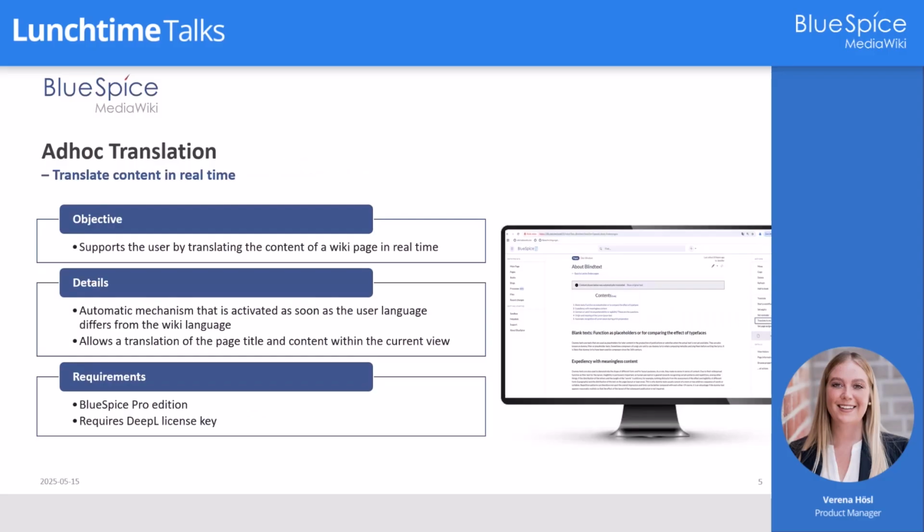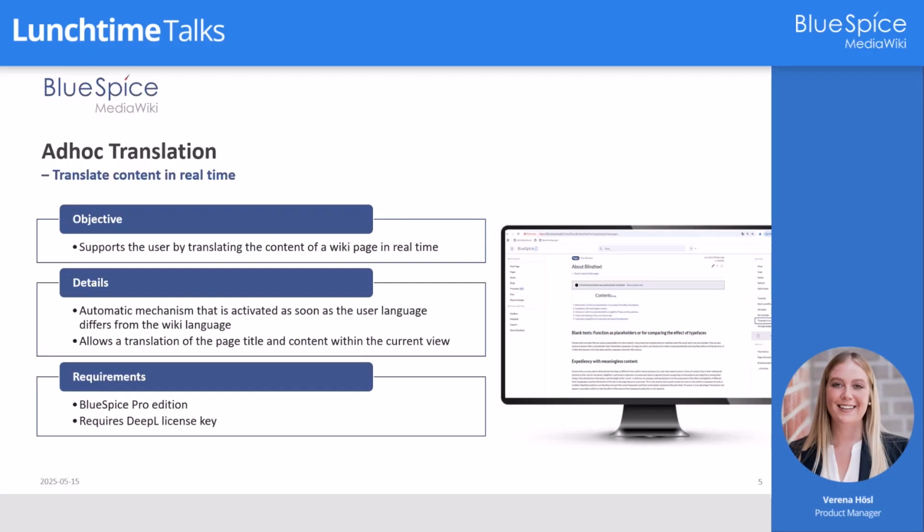In addition to the language section, we also introduced a so-called ad hoc translation. This feature should support the user by translating the content of a wiki page in real time. There is an automatic mechanism behind it, which is activated as soon as the user language differs from the wiki language.